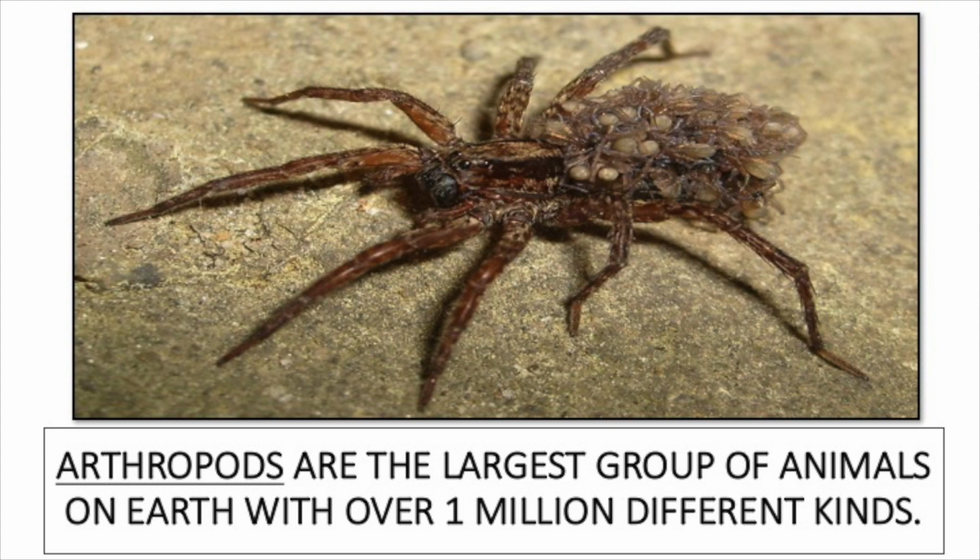What type can you see in the picture here, guys? Spider, yes. Spider is a type of arthropod. Does it have a backbone? No. Which makes them the largest group of invertebrates there are, and also the largest group of species on the planet.